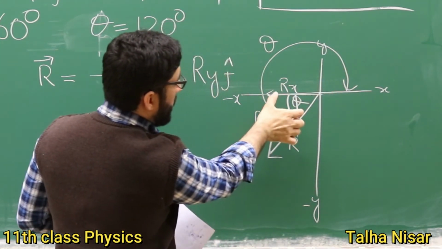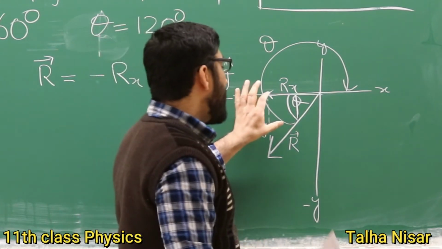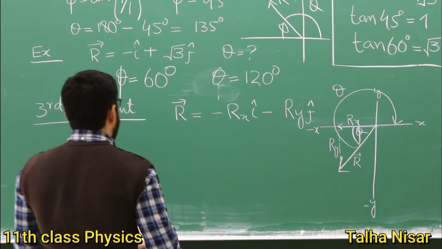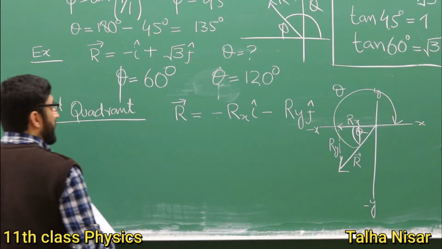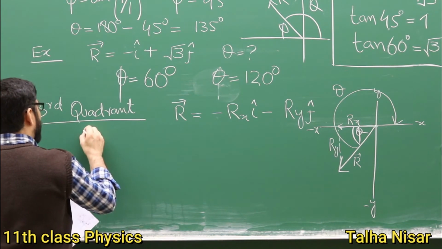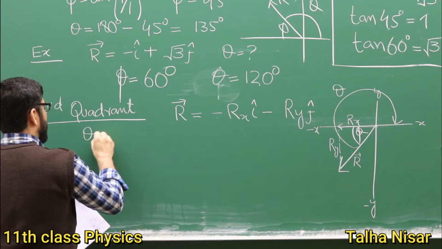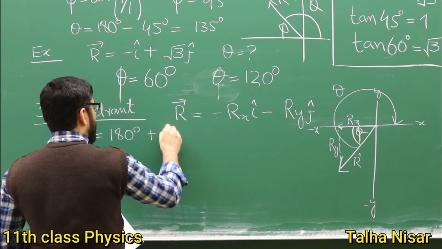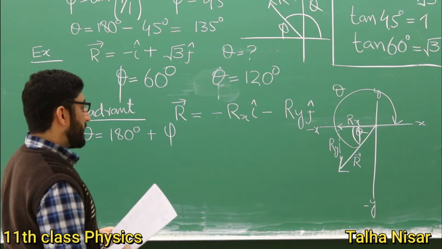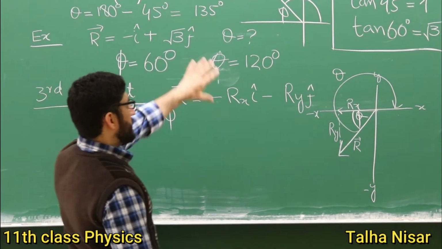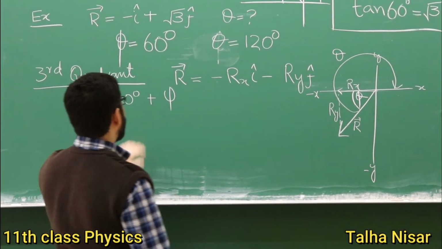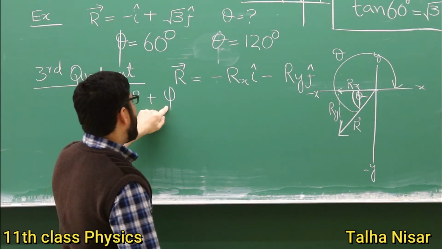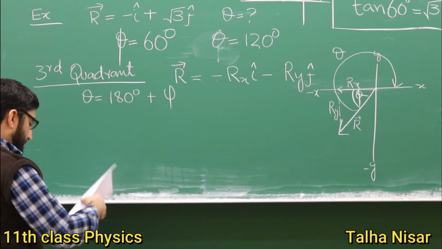If you want to find the angle between the vector and the positive axis, we have to add phi to 180. So theta here is 180 degrees plus phi. So it's different from the other quadrants, but easy. Now we have the formula: if we know phi, we can easily get theta.